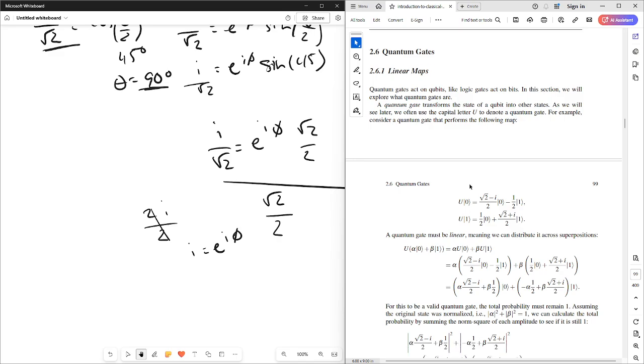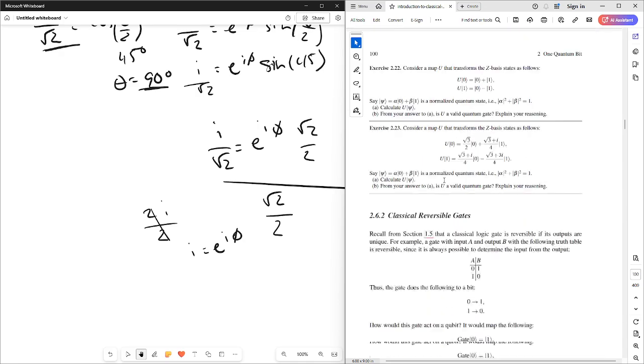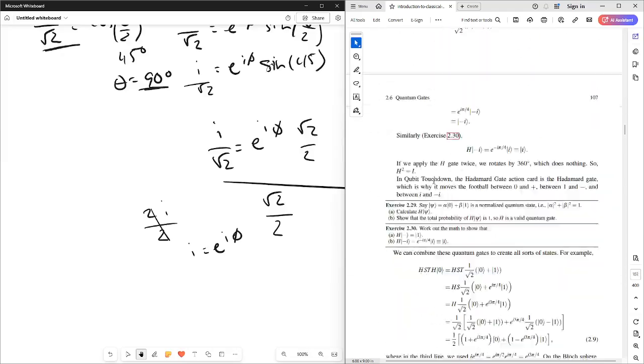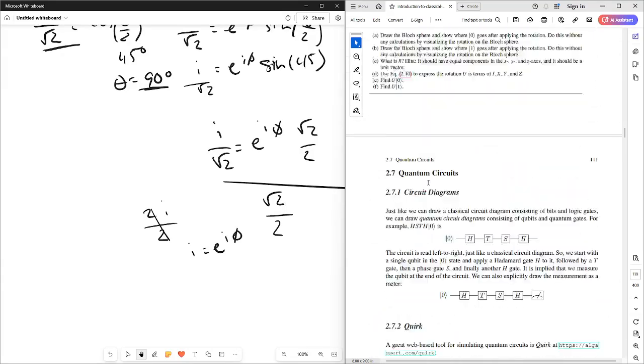Now for the meat. Now for the steak portion of the dinner. Quantum gates. The good stuff. The start of the good stuff, or the start of the bad stuff, depending on how you feel about it. And real quick, let me just see. Are we moving into linear algebra after gates?